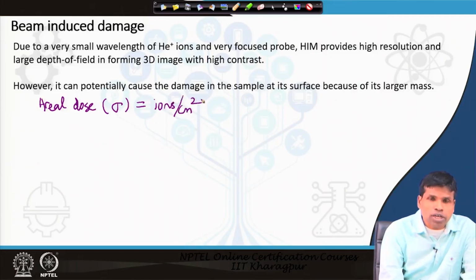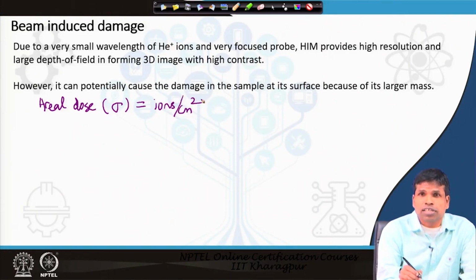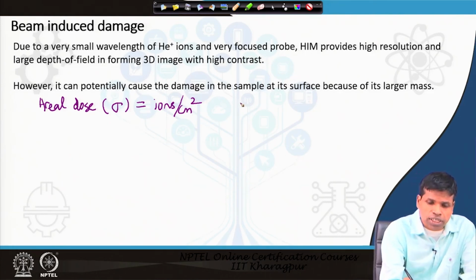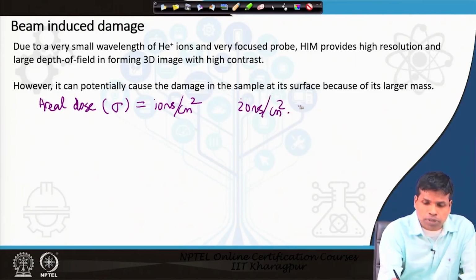And the areal dose rate is applicable when, for example, ion dose forms some thermal effects or charging effect on the specimen, and then the temperature will dissipate as a function of time. Similarly, charge will dissipate as a function of time, then in those cases we can write it as ions per centimeter square per second.